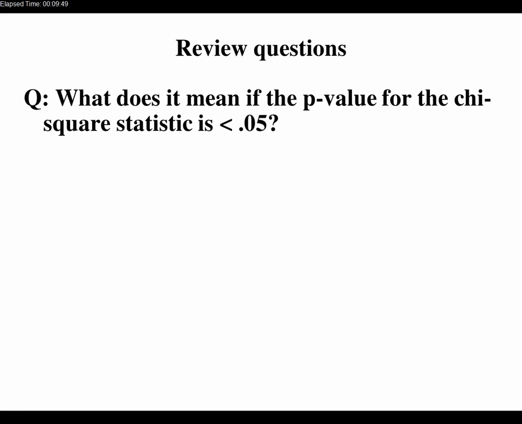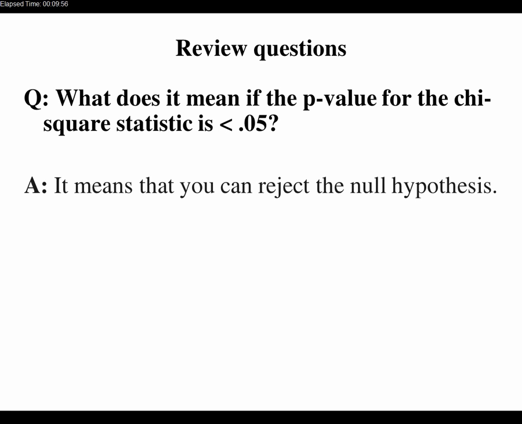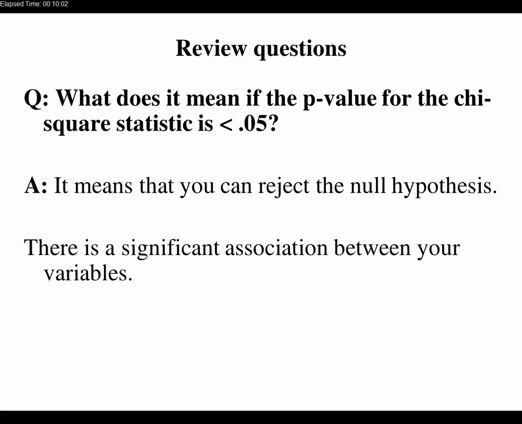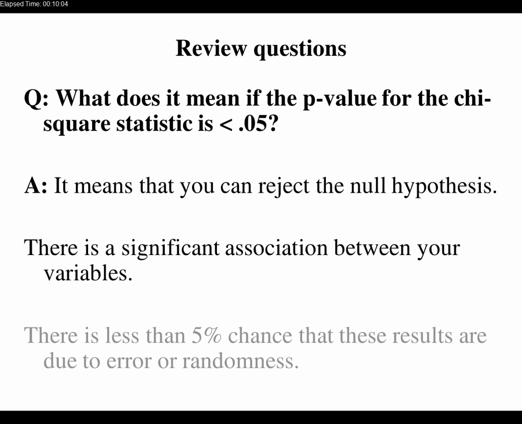What does it mean if the p-value for the chi-square statistic is less than 0.05? It means that you can reject the null hypothesis. All right, there is a significant association between the variables. It means that there's less than a 5% chance that these results are due to error or randomness.